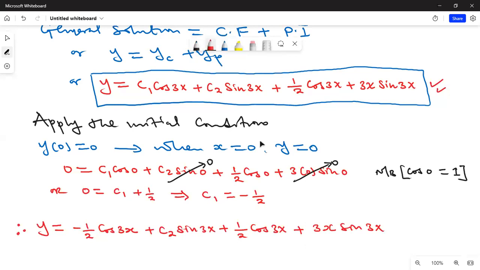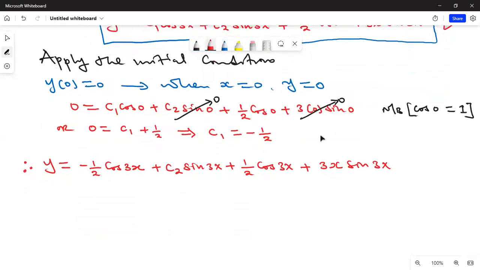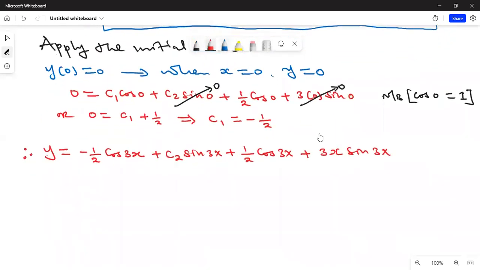That's what we have. And we can simplify this one. You see, this and this will cancel.